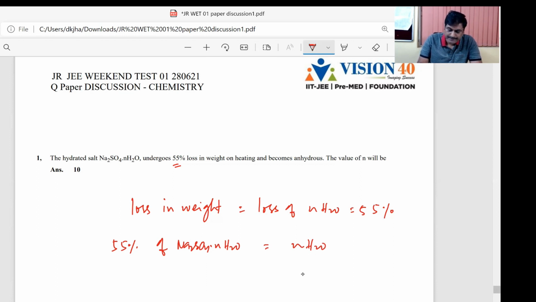So we write here n into 18, that is the weight of water, upon the total weight of Na2SO4 nH2O.